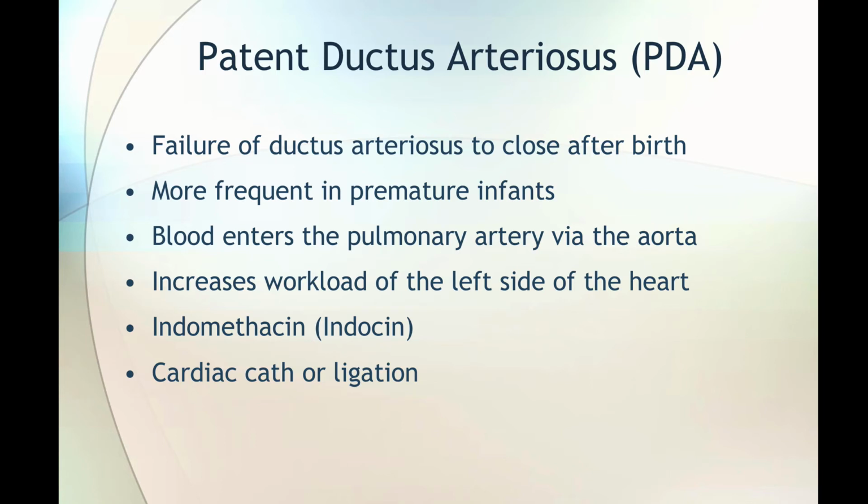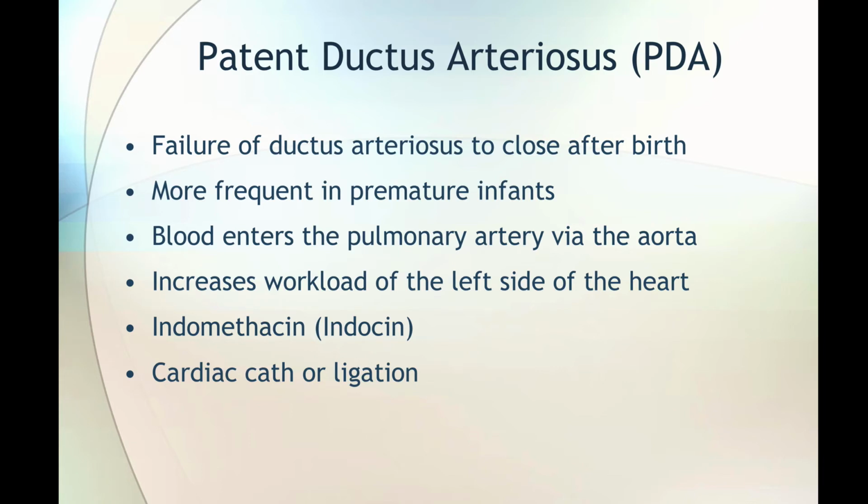There are 2 medications we can use for this, indomethacin and ibuprofen. The most common is indomethacin. And what that does is it will constrict the vessels. But that can be a problem because it doesn't just constrict that tiny vessel, that tunnel between the aorta and the pulmonary artery.